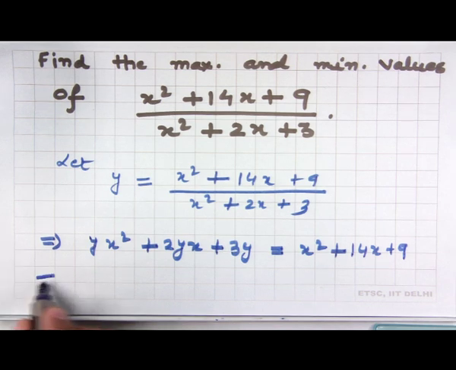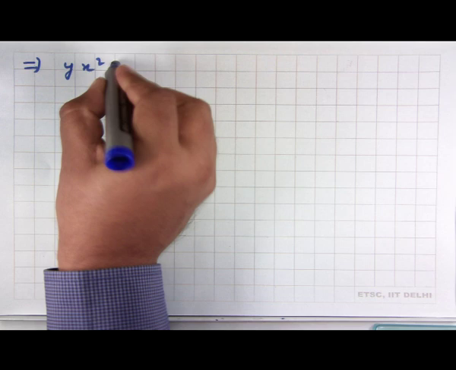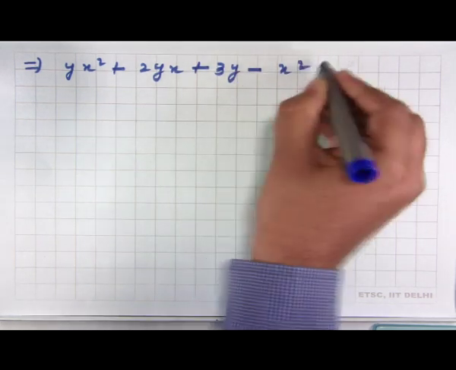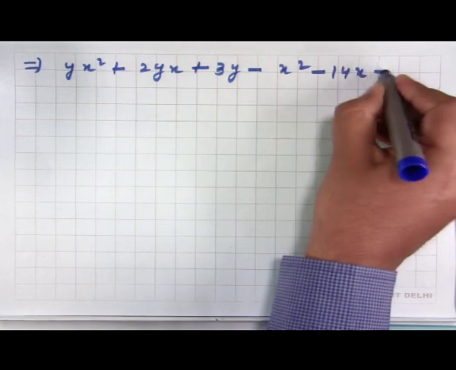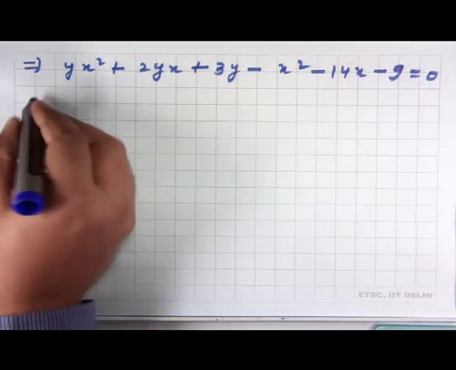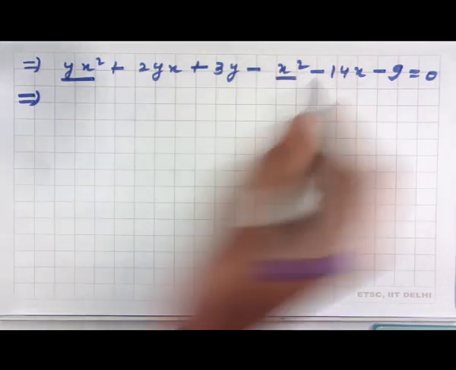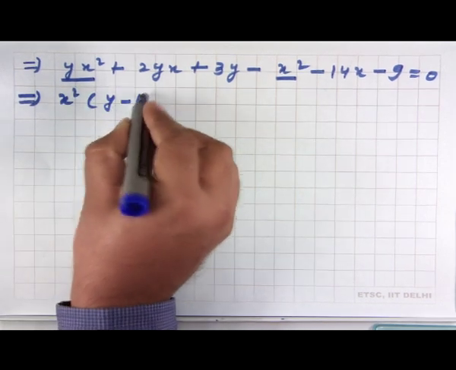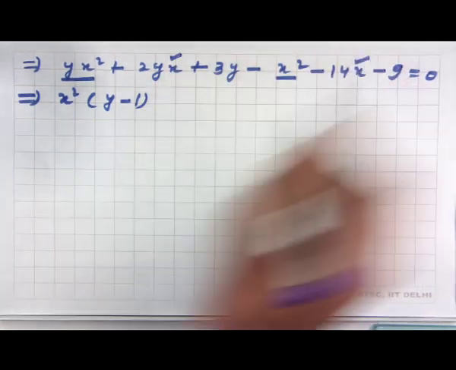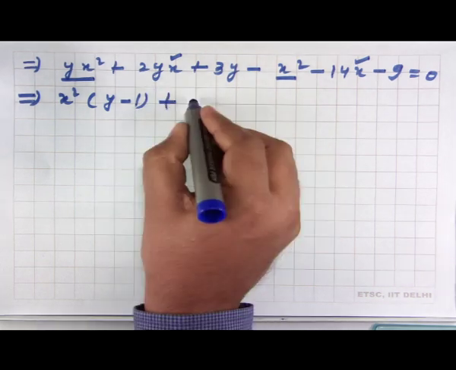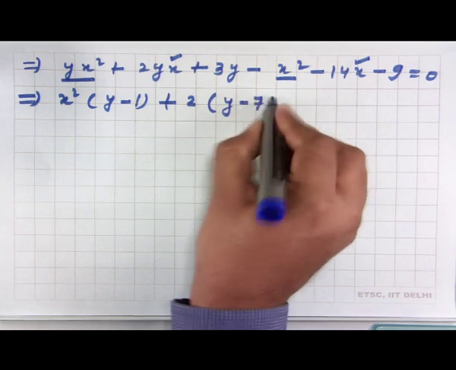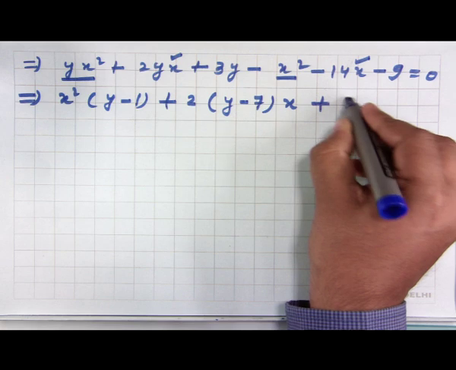Now do the transposition: yx² + 2yx + 3y − x² − 14x − 9 = 0. Taking common, it is x²(y − 1), and taking common between 2yx and −14x, it will be (2y − 7)x, and then 3y − 9.